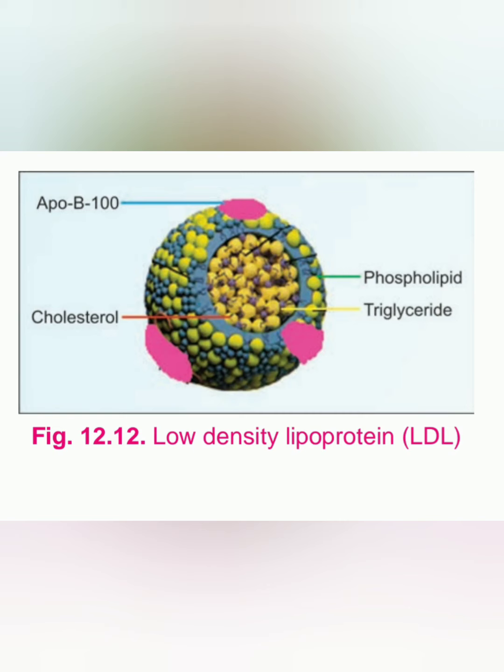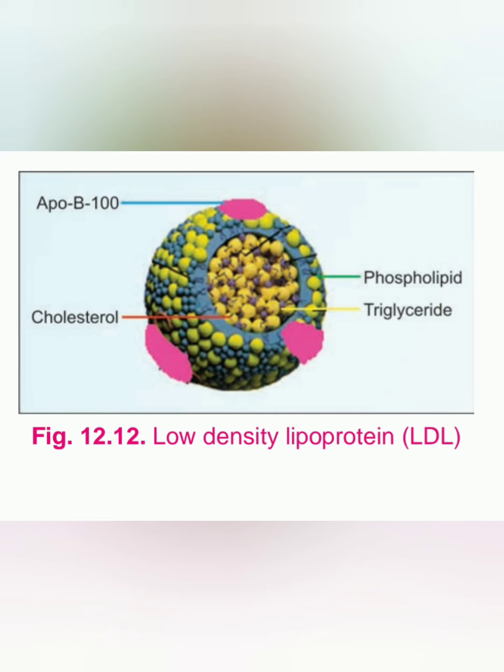The given diagram is of the low density lipoprotein, which contains ApoB100 on the top and cholesterol polypeptides. It is made up of phospholipids and triglycerides. Low density lipoproteins transport cholesterol from the liver to peripheral tissue. The half life is 2 days.